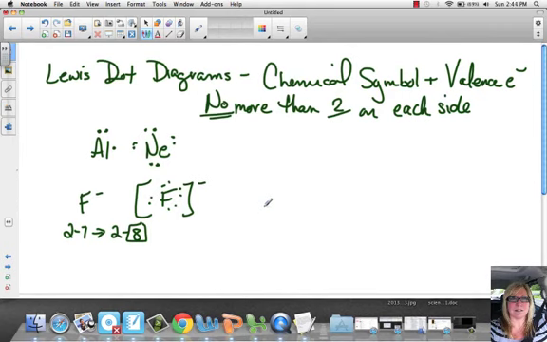Another example of an ion would be sodium, 2-8-1. But if it becomes a positive ion, it means it's going to lose 1. I'm going to just write this a little bit different. Just give me 1 second. Okay.